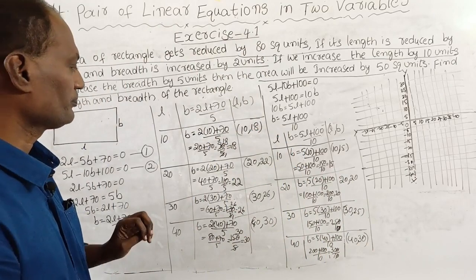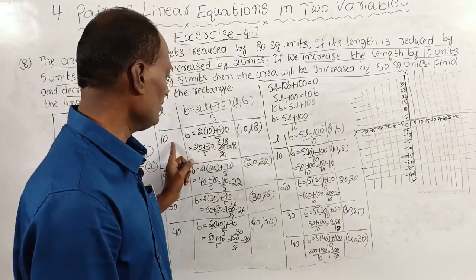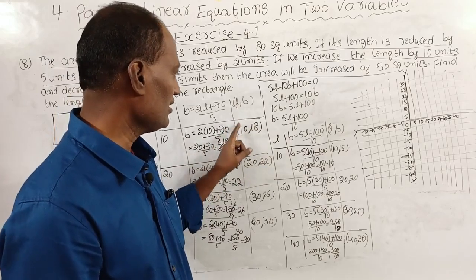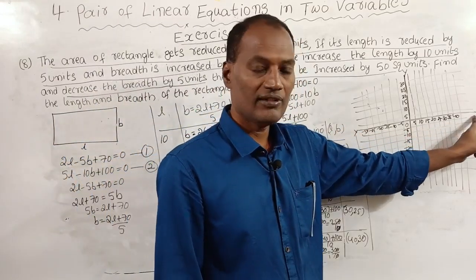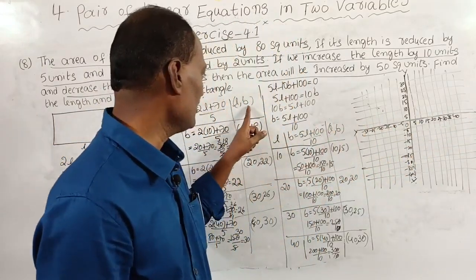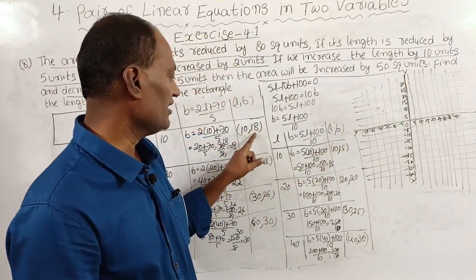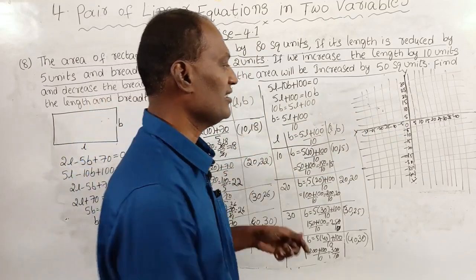Now come to plot the points. Take the first value 10, 18. L and B: the x-axis values are L, and the y-axis values are B. So L, B is 10, 18: x-axis 10, y-axis 18.